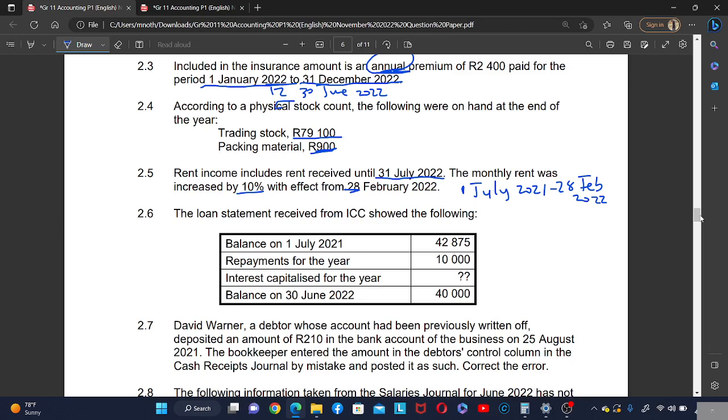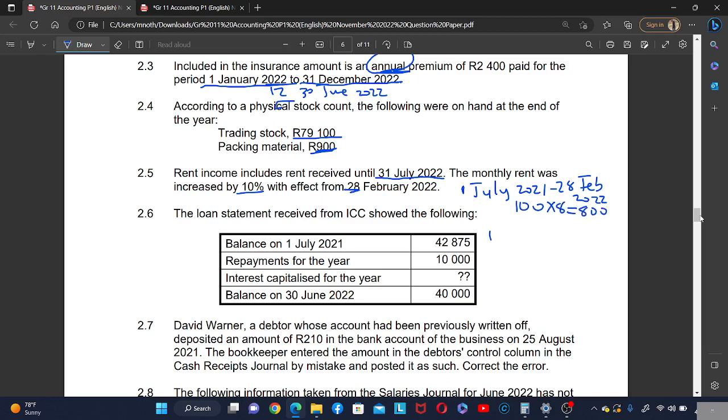So from 1 July 2021 to 28 February 2022, the rent was 100%, which is how many months? This is 8 months. So you see times 8 months is equal to 800.